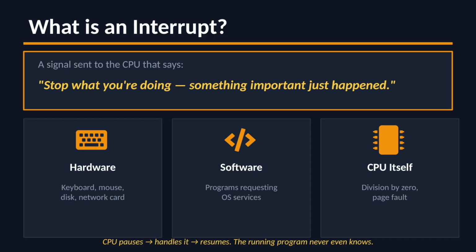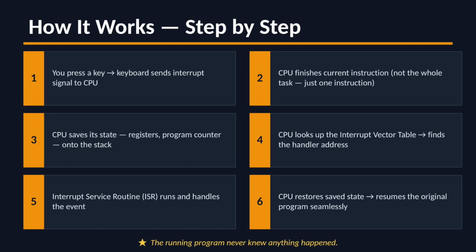In all these cases, the CPU pauses its current work, deals with the interrupt, and resumes whatever it was doing before it got interrupted. All of this happens so seamlessly that your running program never even knows that it was stopped in between.